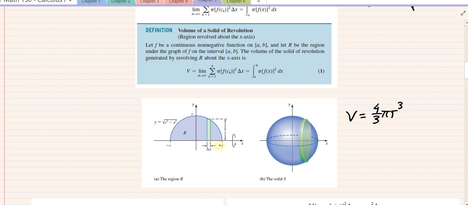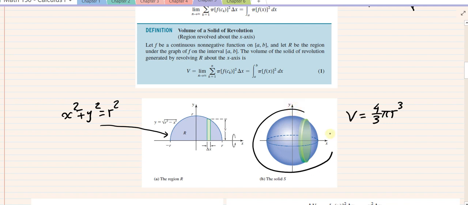So if you think about the circle center at 0, 0 with radius r, and if you just look at the top half of that circle, you get y equals square root of r squared minus x squared. And if you revolve this region from negative r to r about the x-axis, the resulting solid is going to be a sphere. True?